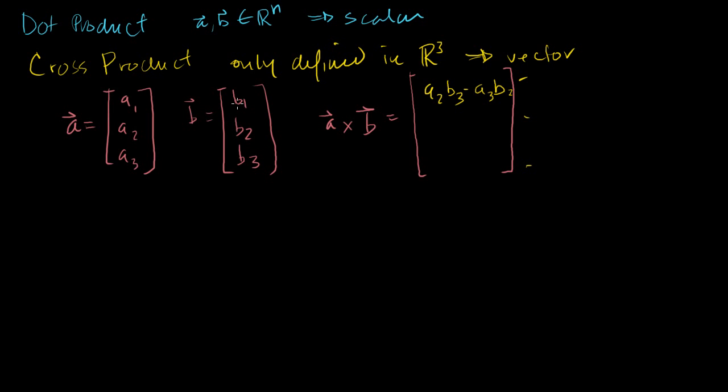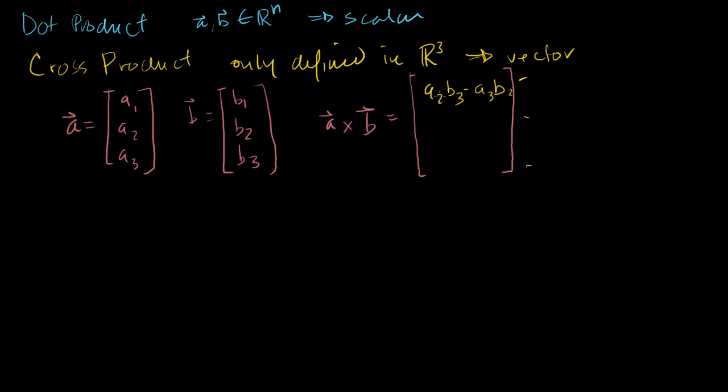Now, not to make your life any more complicated, when you do the middle row, so you cross that out, you might want to do A1 times B3 minus A3 times B1. And that would be natural, because that's what we did up there. But the middle row, you do the opposite. You do A3 times B1 minus A1 times B3.